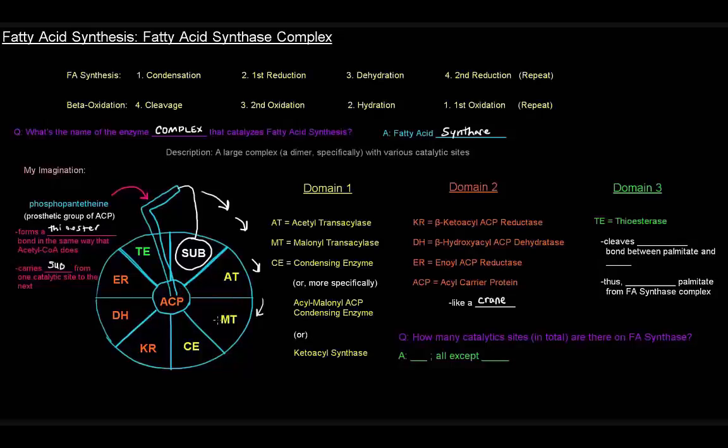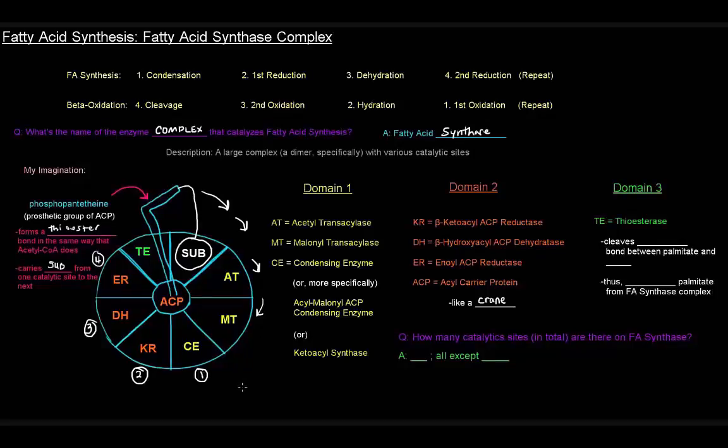So the 4 actual steps of fatty acid synthesis, which I call beta reduction, are the condensation step, which occurs with the condensing enzyme, the first reduction with this ketoacyl ACP reductase, and then the dehydration with the dehydratase, and then the second reduction at the ER, with the enoyl ACP reductase site. Those 4 sites are continually active when we keep adding those 2 carbon units.